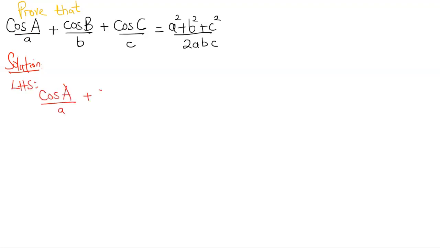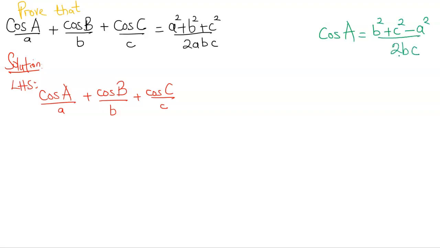we know what cos A, cos B, and cos C are from the previous slide. Cos A, for example, is b squared plus c squared minus a squared over 2bc. So in place of cos A, I'm just going to write b squared plus c squared minus a squared over 2bc.